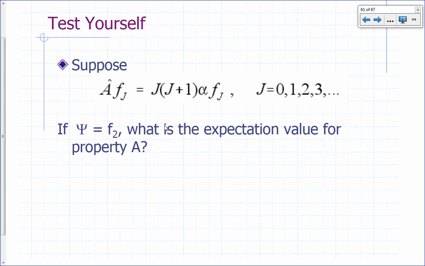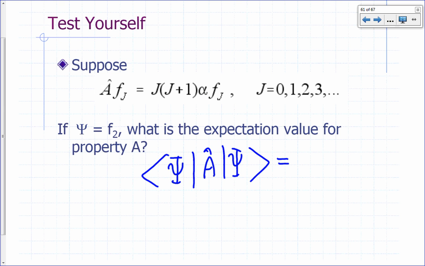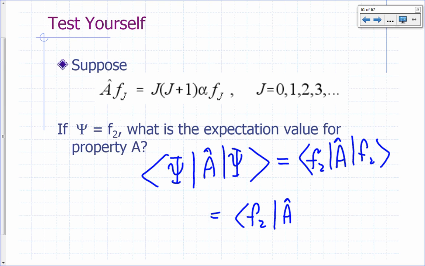All right. What if psi is equal to f2? Same situation as before. What if psi happens to be equal to f2? What's the expectation value for property A? Psi star A hat psi equals f2 star A hat f2.